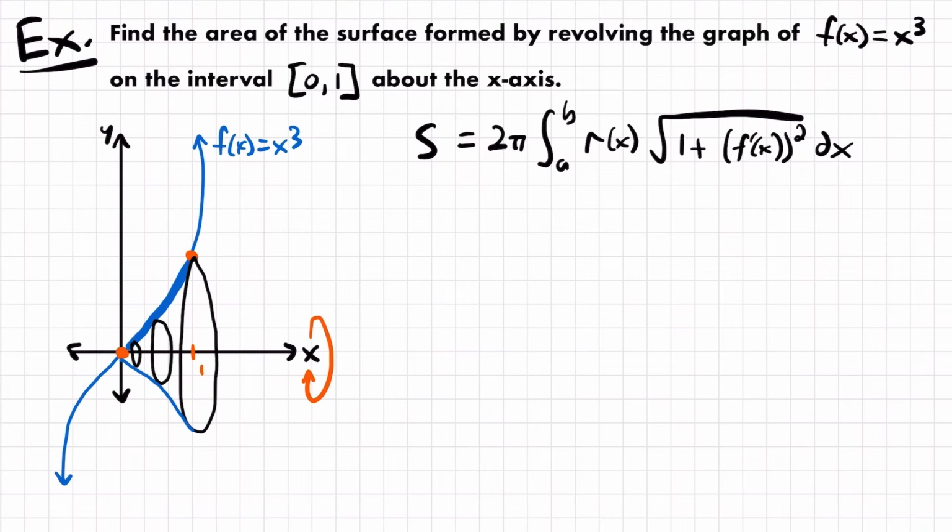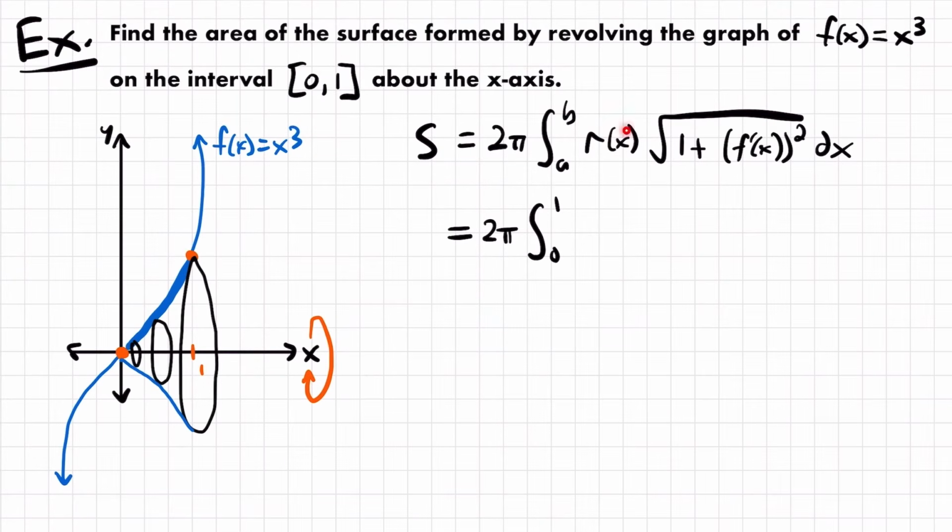All right, and so let's start setting up this definite integral by using everything that we know about our surface of revolution. And so we know that our bounds of integration are the two values of x that our curve lies between, right? So our curve starts at x equals 0 and stops at x equals 1. So far we have that this is equal to 2 pi times the integral from 0 to 1.